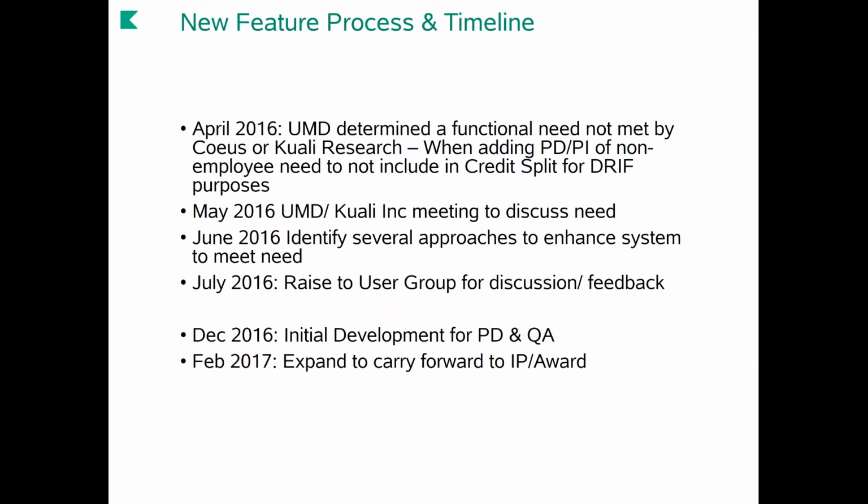When adding any key personnel, particularly PD/PI personnel, but any personnel who's not an employee at the University of Maryland, but was going to be added in one of those key personnel roles that usually requires credit split, there needed to be additional functionality to say whether or not the person was applicable to credit split, because they derived their credit off of that.